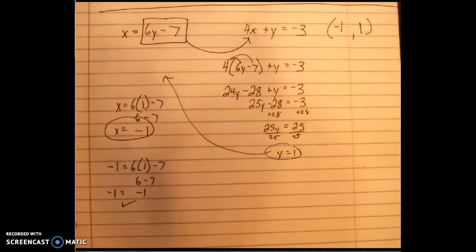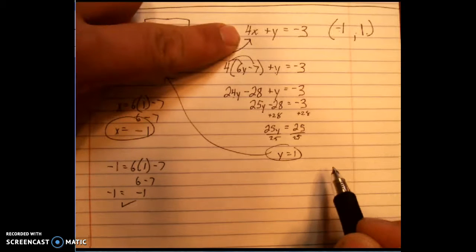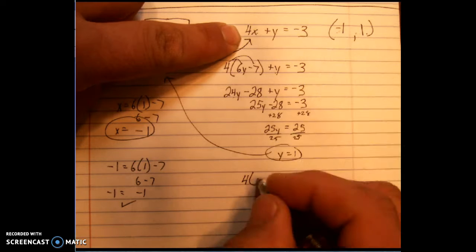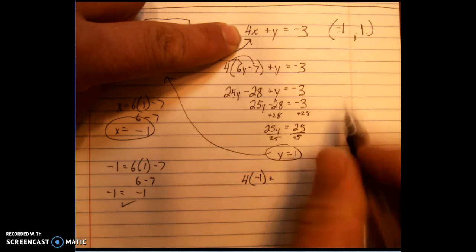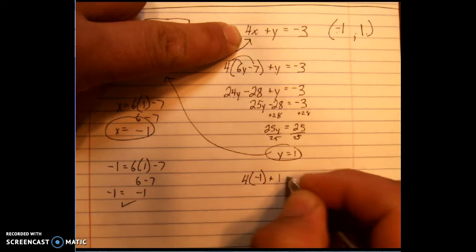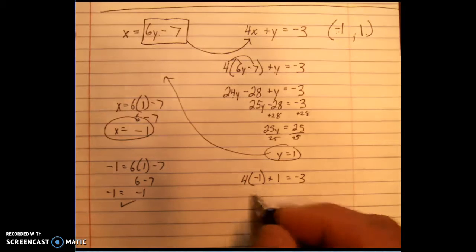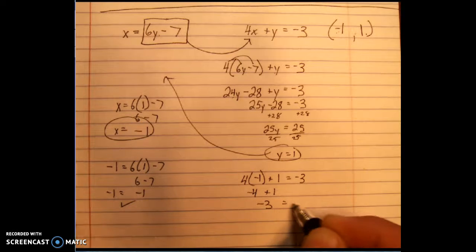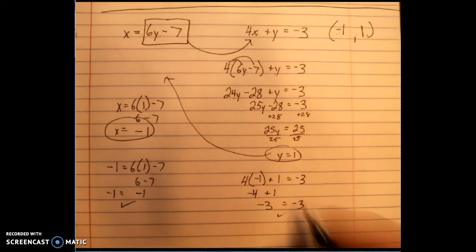It works there. And plugging it into this equation, 4 times the x is negative 1 plus the y is 1. Does that give me negative 3? Negative 4 plus 1 is negative 3. That is the one and only one point that will make both equations true.